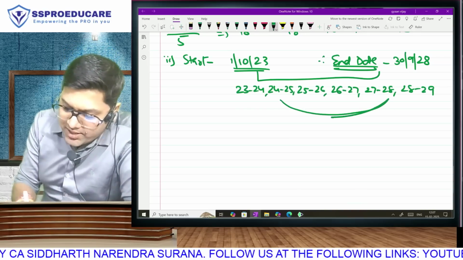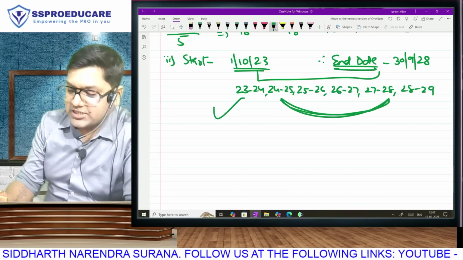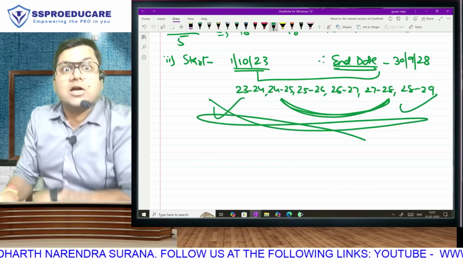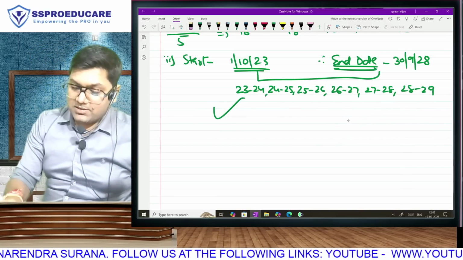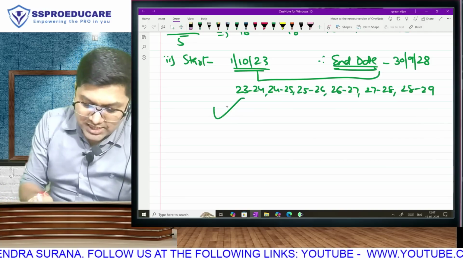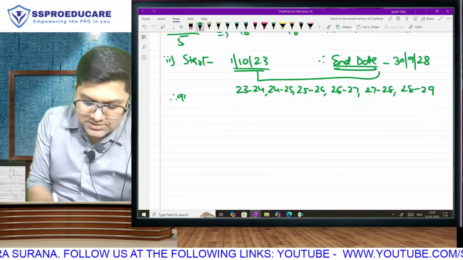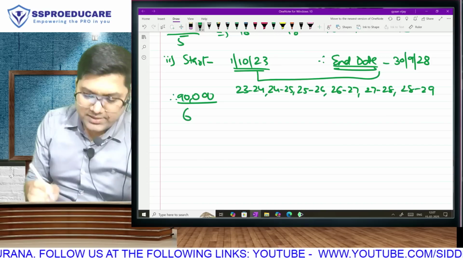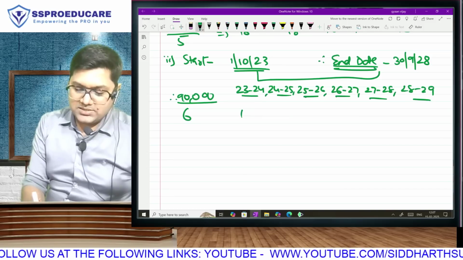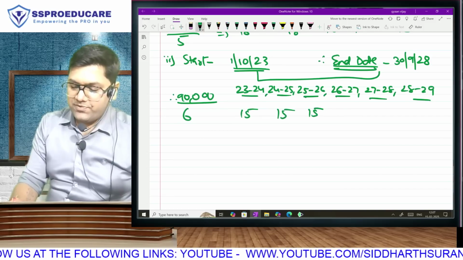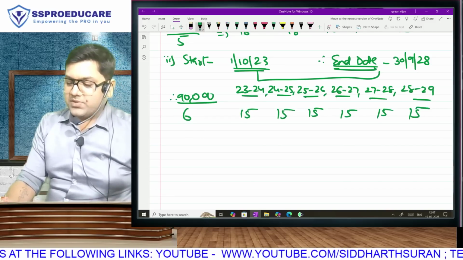Friends, these 4 years are full years, and then we have 6 months here and 6 months here. So total coverage is only 5 years, but the financial years covered here are 6. In this case, your answer is going to be 90,000 divided by 6, and your deduction in these years will be 15, 15, 15, 15, 15, 15.